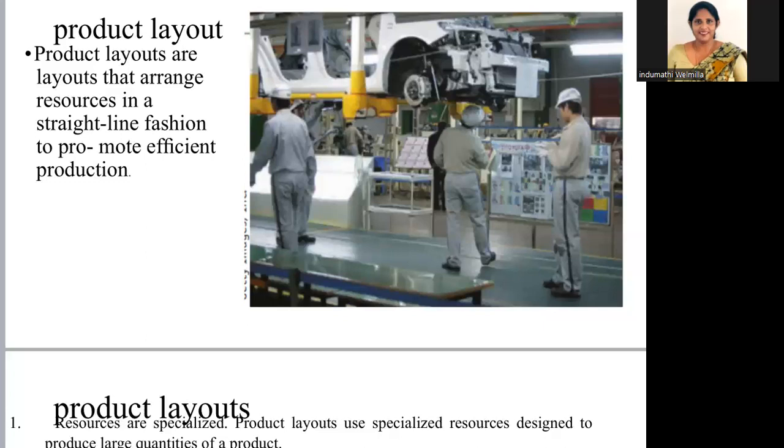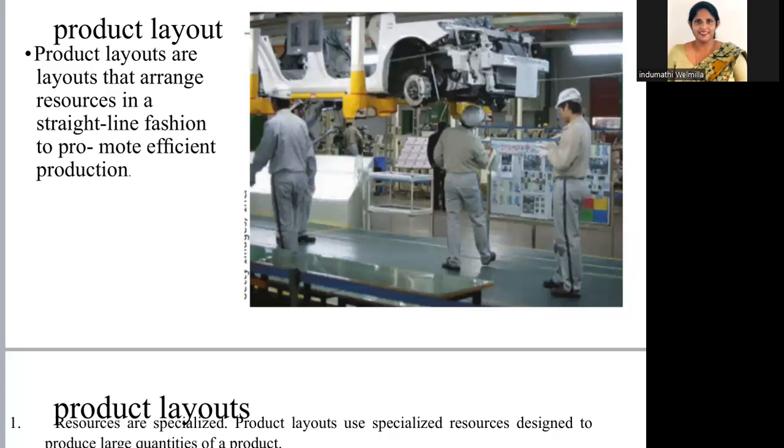The challenge in designing a product layout is to arrange workstations in sequence and designate the jobs performed by each station in order to produce the product in the most effective way possible.